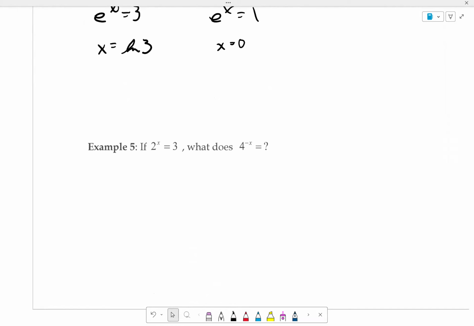What I'm going to do is rewrite this 4 to the negative x so it's in terms of just 2 to the x. We know that 4 to the x is 2 to the 2x, so 4 to the negative x is 2 to the x to the -2. Did I do this right algebraically? Does that make sense?